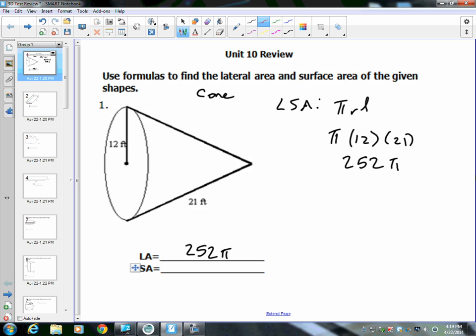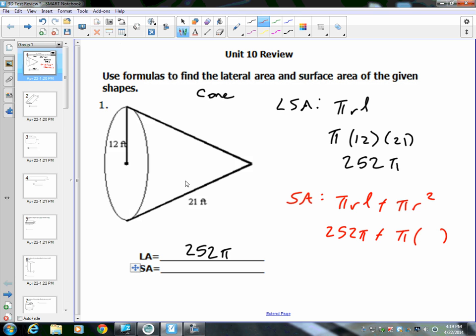Next, we're going to do total surface area, which we call SA. Our total surface area for a cone is pi r L plus pi r squared. So first of all, pi r L, we just did this part, so we can go ahead and plug in 252 pi for this. So 252 pi plus pi r squared.